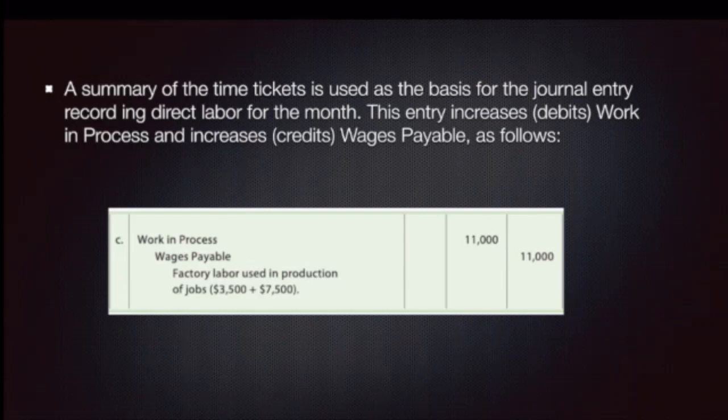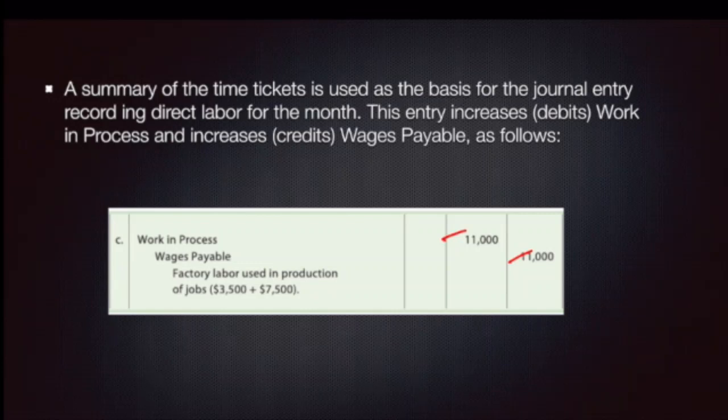A summary of the time tickets is used as the basis for the journal entry recording direct labor for the month. This entry increases debits work in process and increases credits wages payable, as you can see in the image below.